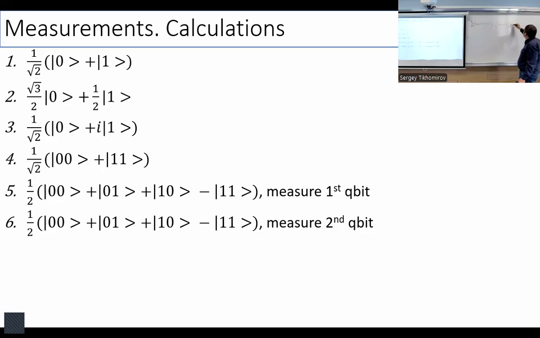I write it in such a form. And so, let us write what would be the result of measurement. First of all, with which probability and what would be the result?